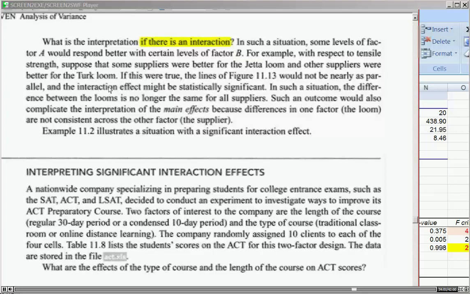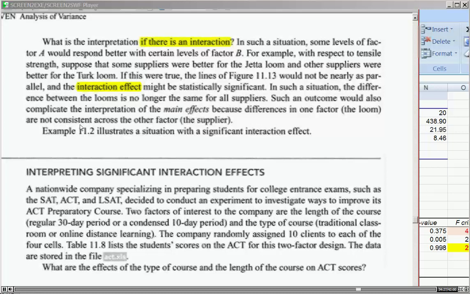That happens. If this were true, the lines in figure 11.3 we just looked at, those parallel lines, would not be nearly as parallel and the interaction effect might be statistically significant. In such a situation, the difference between the looms is no longer the same for all suppliers.